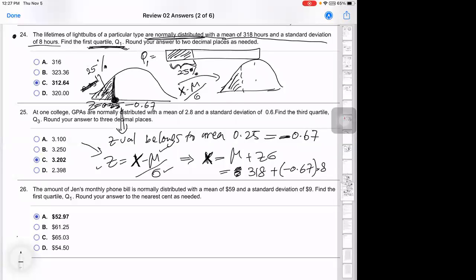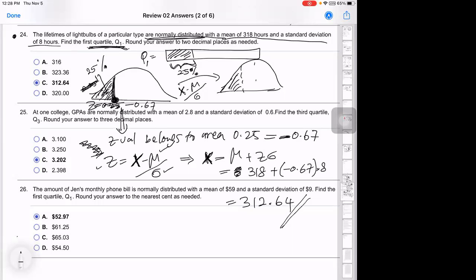Once you solve this, you will get the answer 312.64. This is for question number 24. Since I went down, I messed up this question 25. Don't mess with this. This is exactly how you solve this problem.